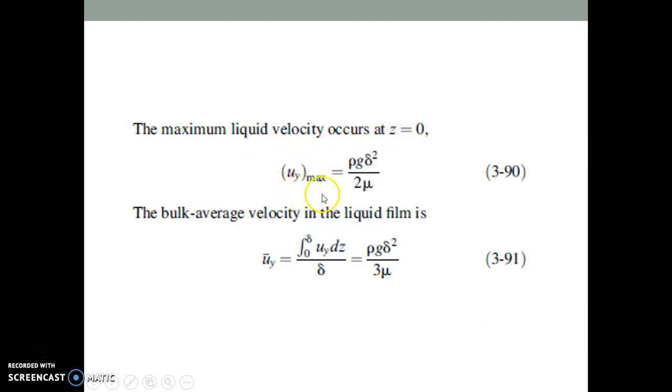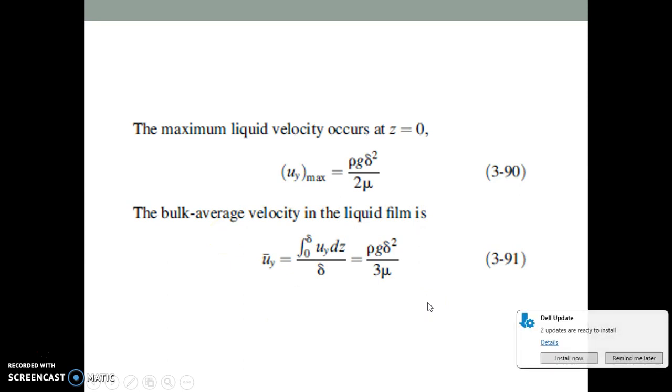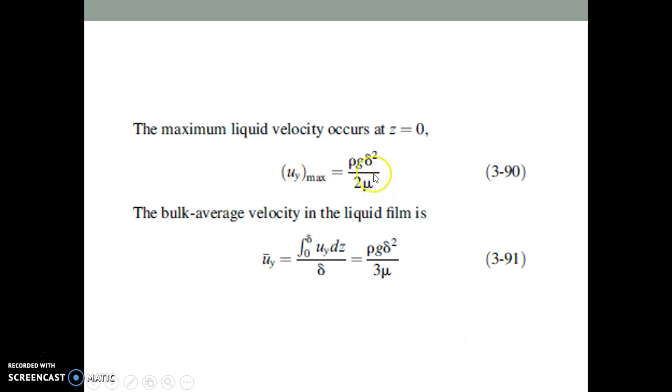So uy max will be rho g delta squared over 2 mu, which refers to equation 3.9, and the bulk average velocity of the liquid film is based on this equation, which refers to uy bar. If you refer to these two equations, the difference is that uy max has 2 mu, whereas uy for the average, which is denoted as uy bar, has 3 mu.